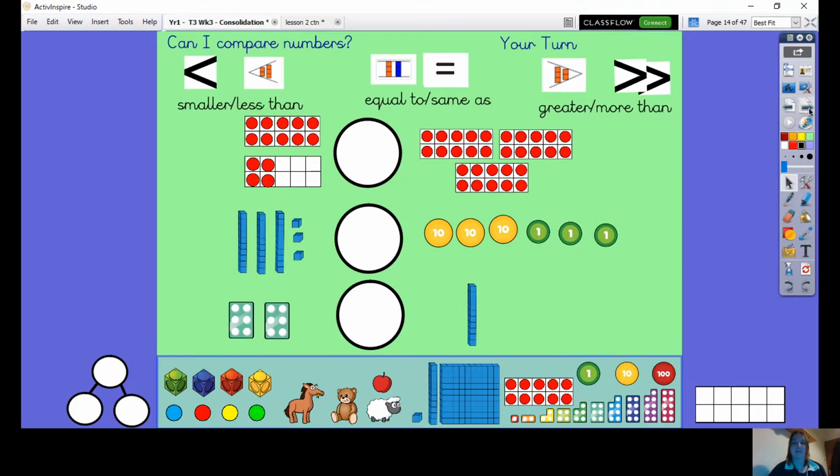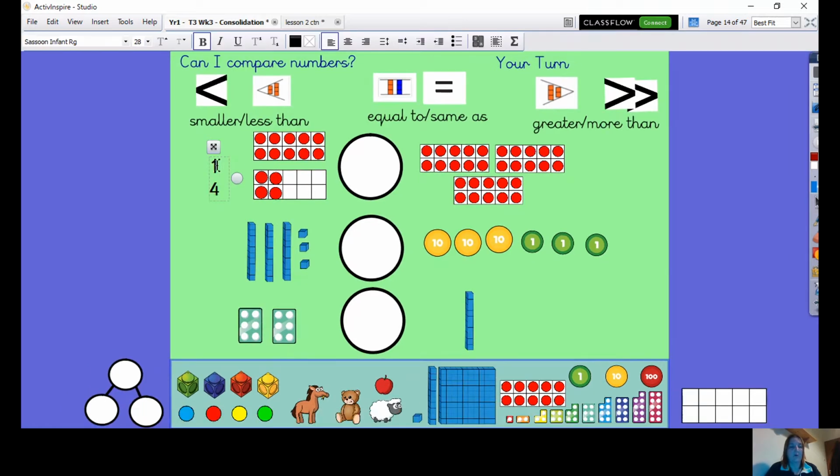Okay, so this is your turn now. What I'd like you to do is pause the video here and see if you can work out what symbols you would use in each of those. Okay, so I'm hoping that you first of all worked out what the numbers were. So you knew that this is 1 ten, which is 10, 11, 12, 13, 14. 1 ten and 4 ones makes 14.